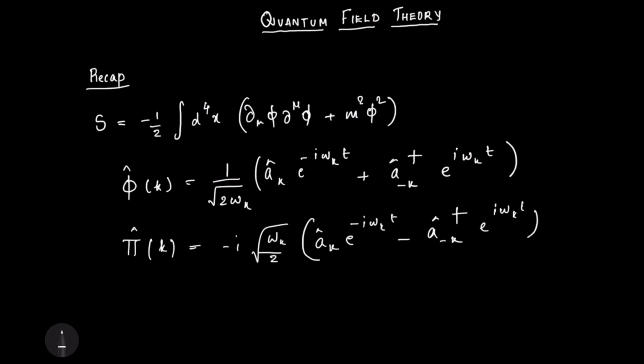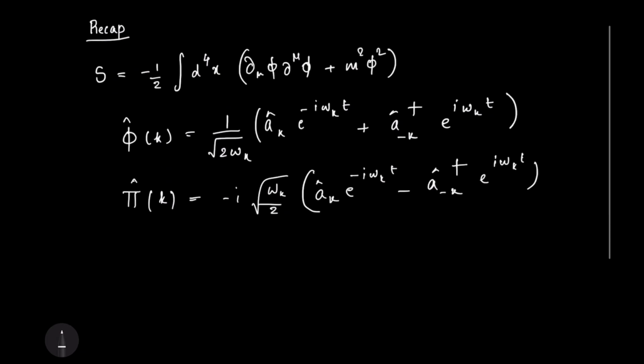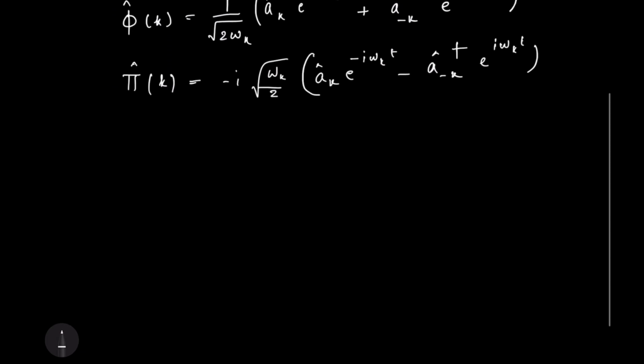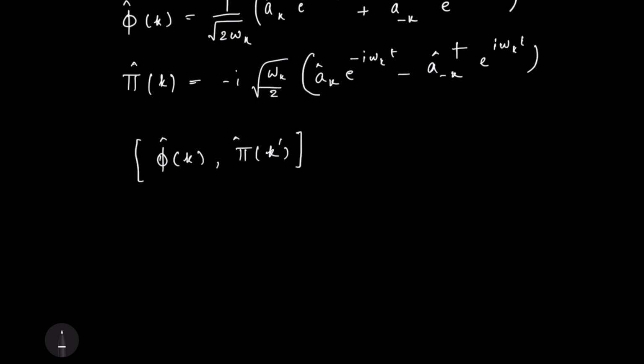So using this operator equation for the field and the canonical conjugate momentum, we can define all the commutators. We have found that the commutator of φ of k and π of k prime is equal to i δ³(k plus k prime).